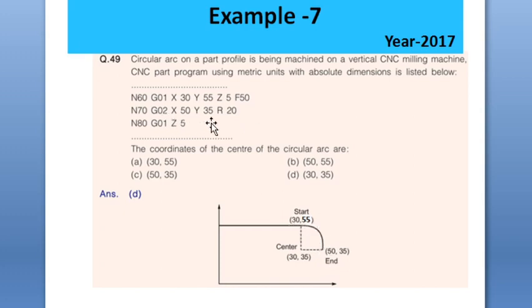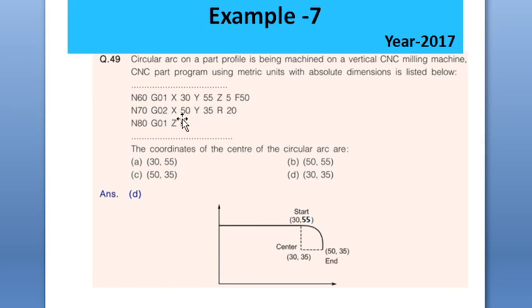End point of the arc 50, 35. This one is the starting point, this one the end point. How do you calculate the starting and end point of the arc? The previous line is the starting point. This line represents the circular clockwise arc, and gives the end point of the arc.